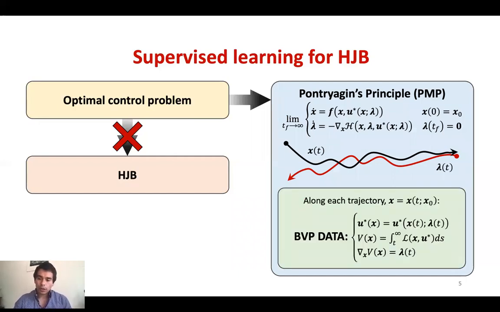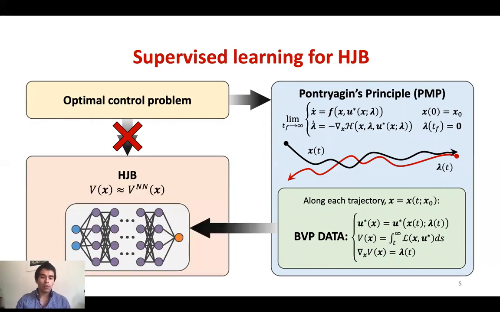So under some conditions, along that optimal trajectory x, you have a correspondence between your open loop optimal control and your closed loop feedback optimal control. You also can compute the value function, and you also know that the gradient of the value function is going to be equal to that co-state. So by doing this at many points, you can start to build a data set, which you can eventually use for supervised learning, where we will try to train a neural network approximation, V NN, of our value function.